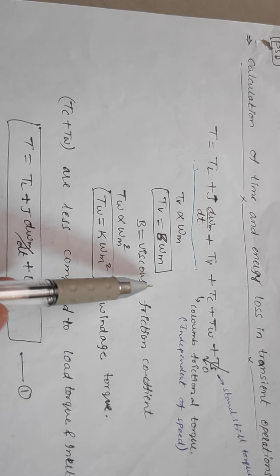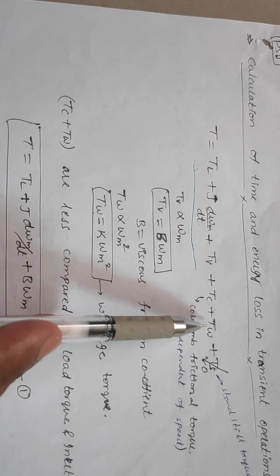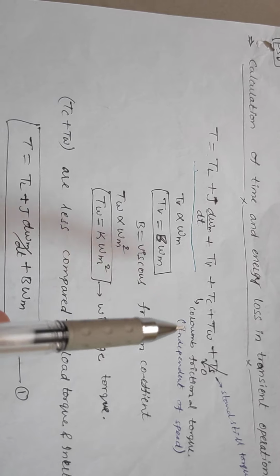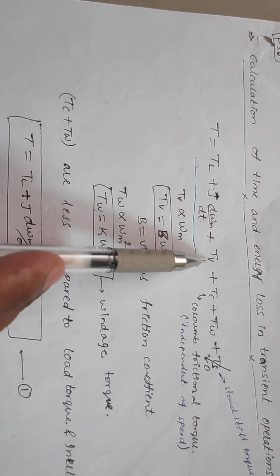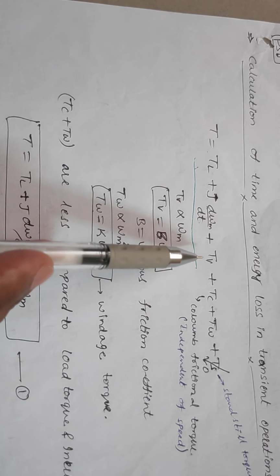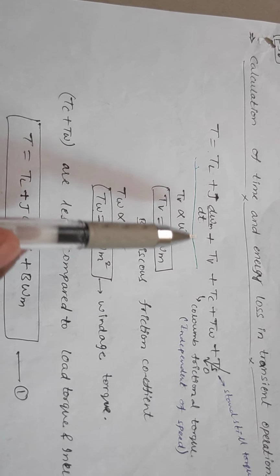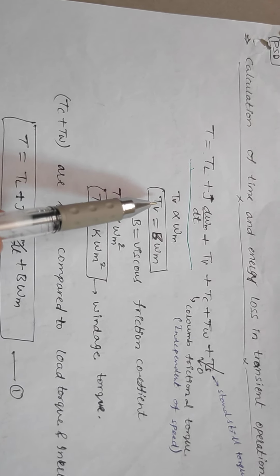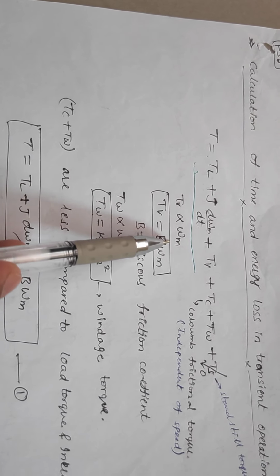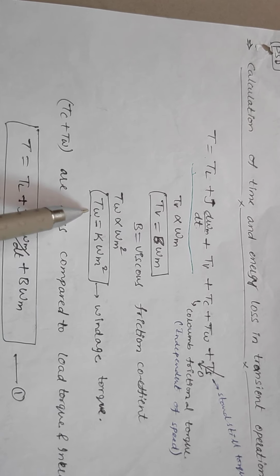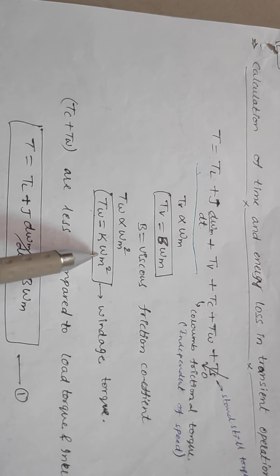The Coulomb frictional torque is independent of the speed. So by neglecting the Coulomb torque, windage torque, and standstill torque, the equation will become T is equal to TL plus J into d omega by dt plus TV. Here the TV, viscous frictional torque, is directly proportional to the speed, and windage torque is directly proportional to the square of the speed.